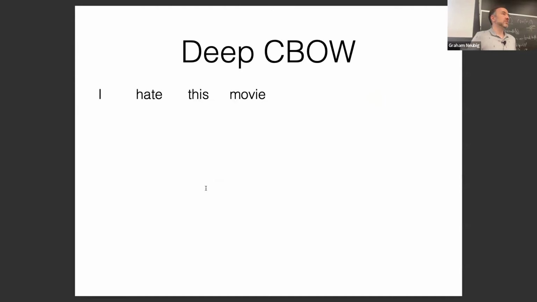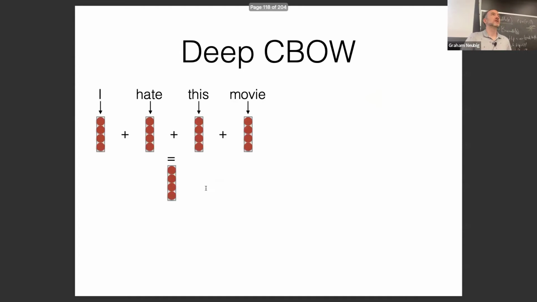A very, very simple example of this is something called deep continuous bag of words. The way this works is you have a continuous bag of words model like we talked about before, but instead of just calculating the scores through linear transformations of these features, we run them through nonlinear transformations, through matrix multiplies and added biases.